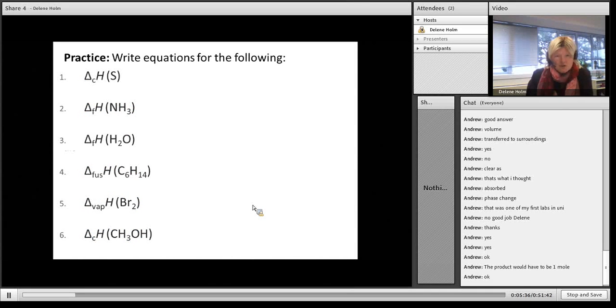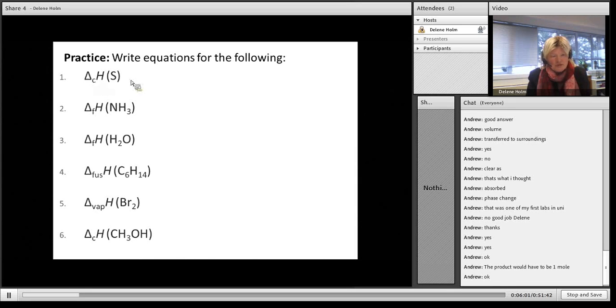I don't want the lesson to carry on too long, but if you've got a pen and paper handy, see if you can jot them down and then check your answers against mine. I know I'm going to go through it quite quickly, but the first thing you look at, what is that? If it's a C, it's combustion. And if it's combustion, what are the two things you've got to watch out for?